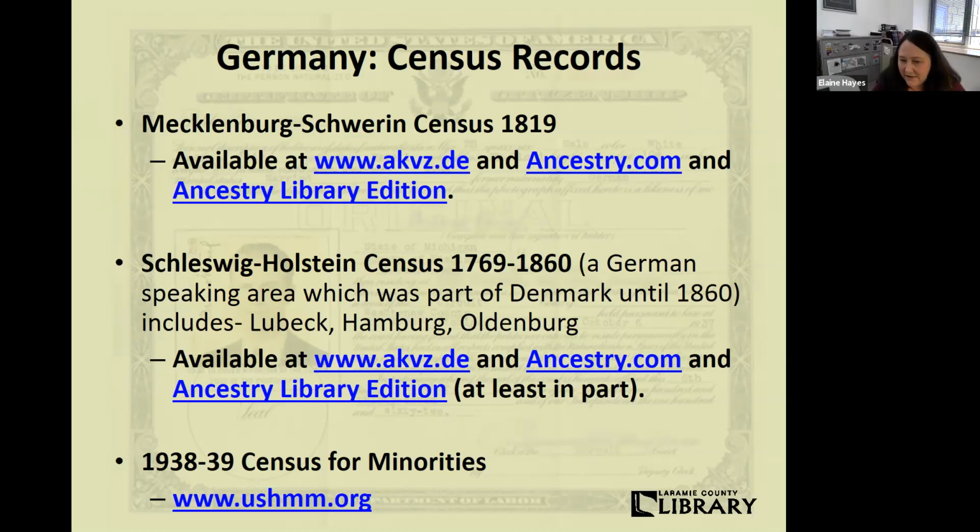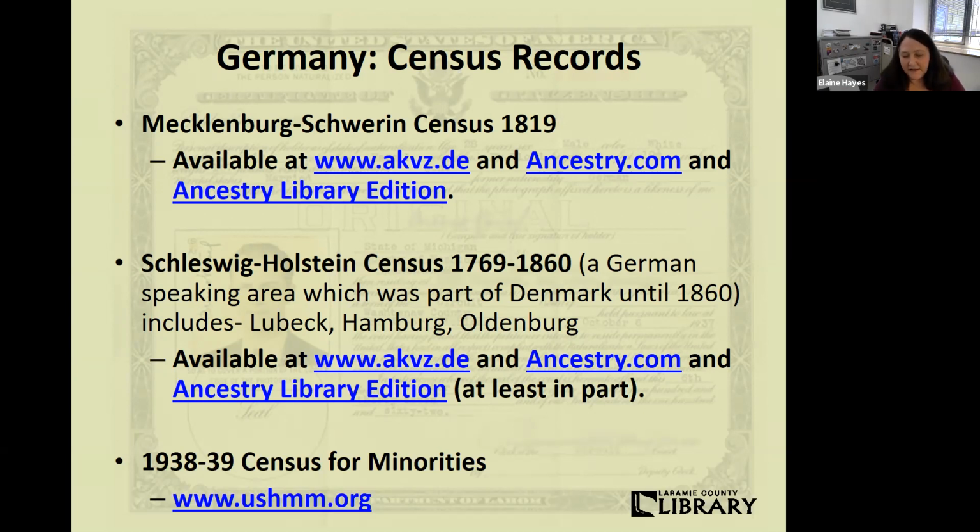Schleswig-Holstein census, 1769 to 1860. And this was an area that was part of Denmark until 1860. Includes Lübeck, Hamburg, Oldenburg. These are all possible areas that your ancestors might have been from, big areas, a lot of people. And it's available in the same places.